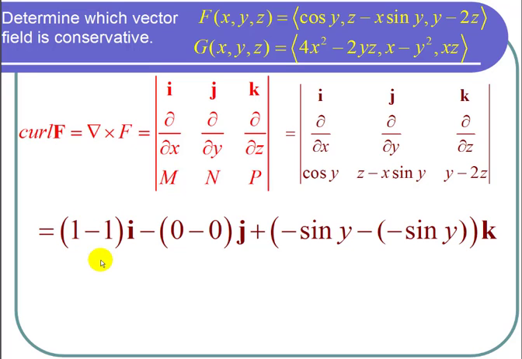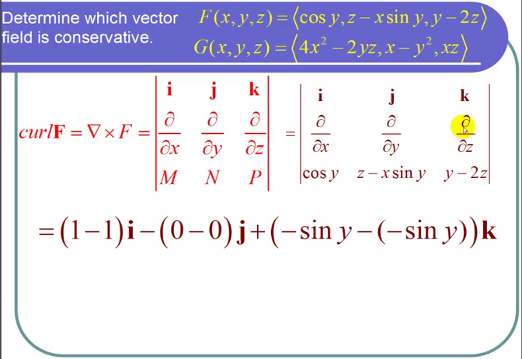So we get 1 minus 1 times i. For the jth component, we subtract, then we take del over del x of y minus 2z, and that's equal to 0. And then we take del over del z of cosine of y, and that's equal to 0. So we get 0 minus 0, j.